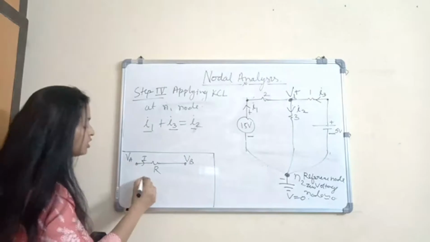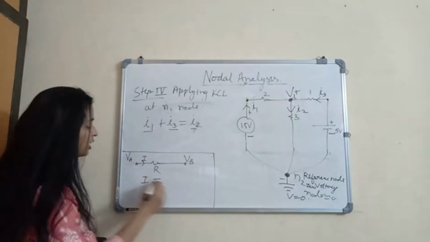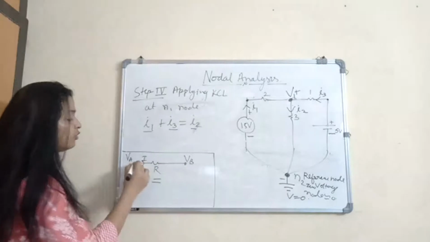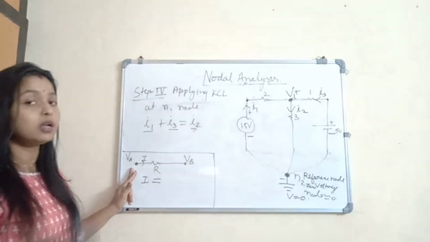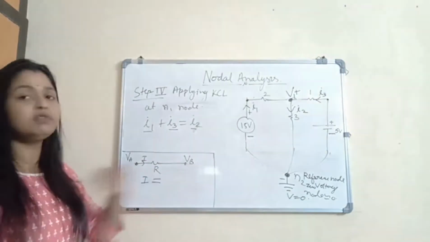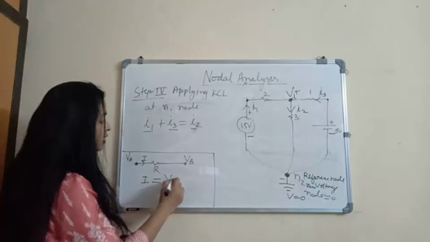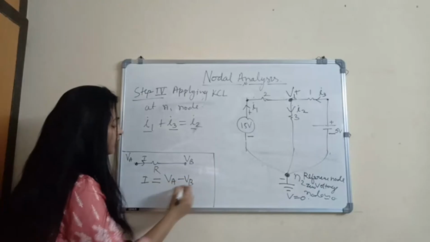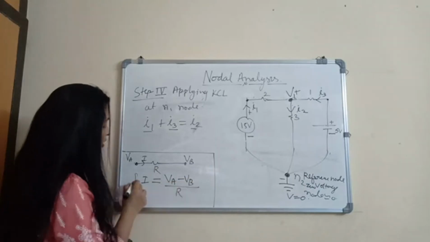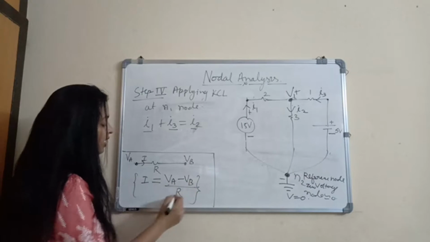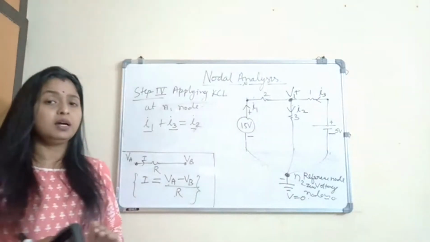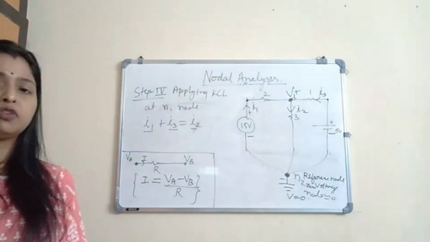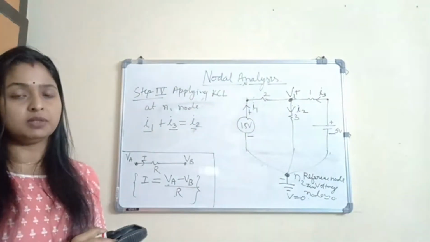The current flowing through this particular branch is the difference of these two voltages, because my current starts from VA. So by default, I have to consider that VA is greater than VB. VA, the higher potential, minus the lower potential, divided by R. So the potential difference divided by resistance is my current, because current always flows from higher potential to lower potential.